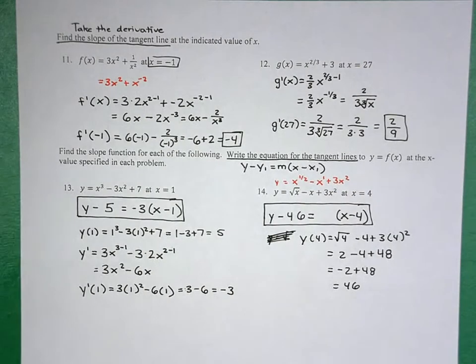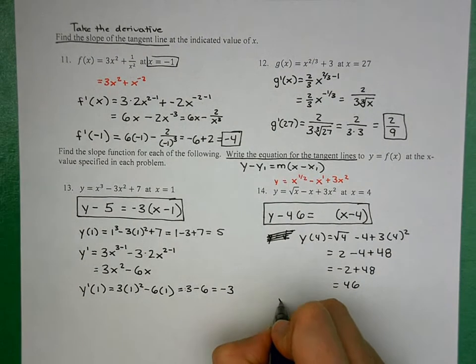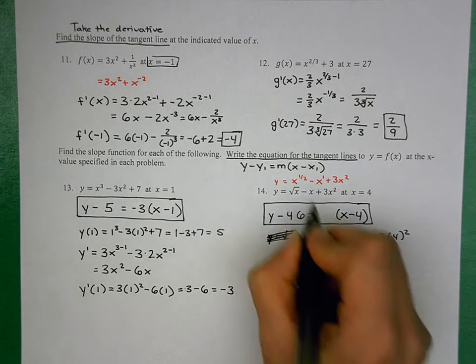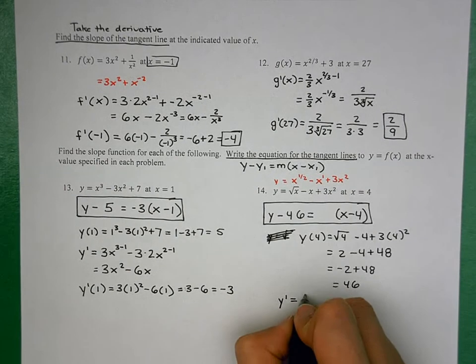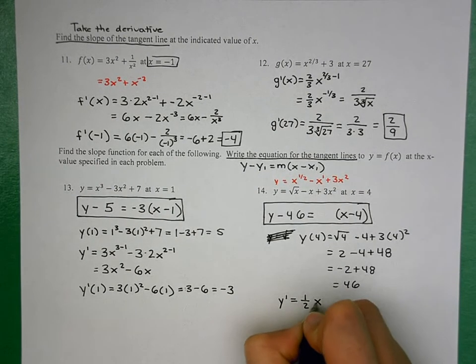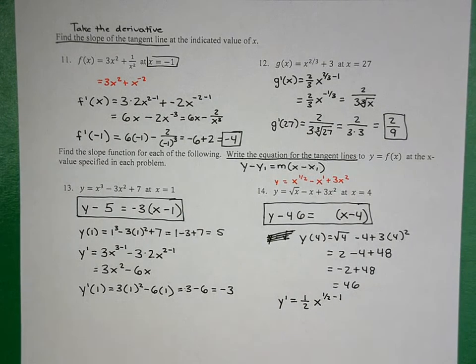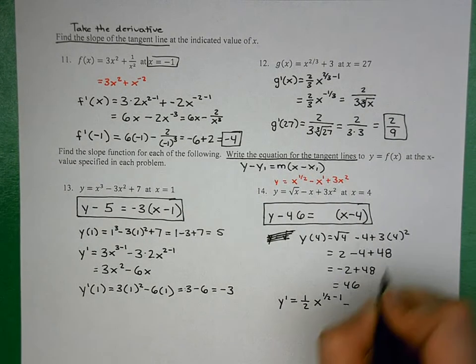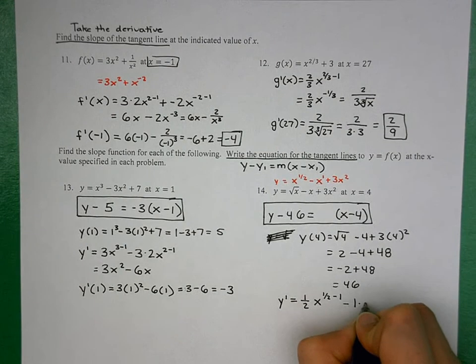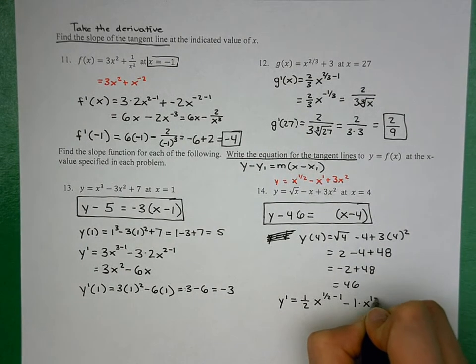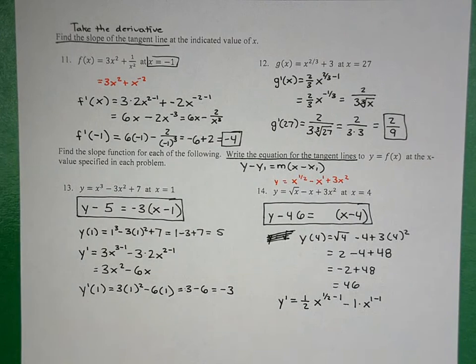Okay, so taking the derivative, my n in the first term is 1/2, so that n comes down in front. Your new exponent is n minus 1. Okay, second term, your n comes down in front, and your exponent becomes 1 minus 1. And last term, your n is 2.